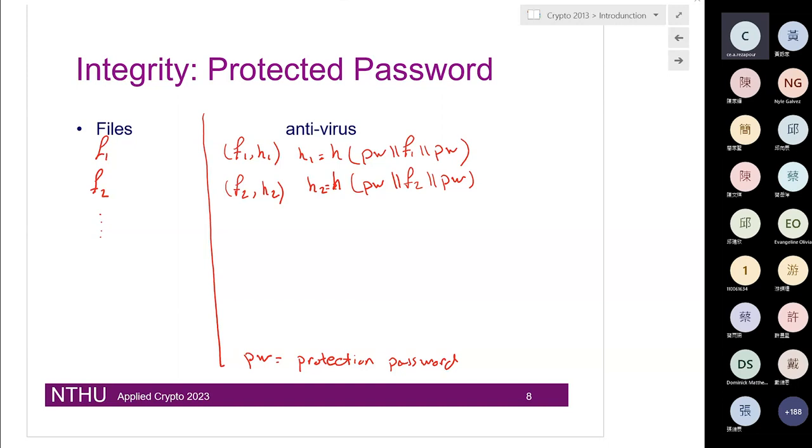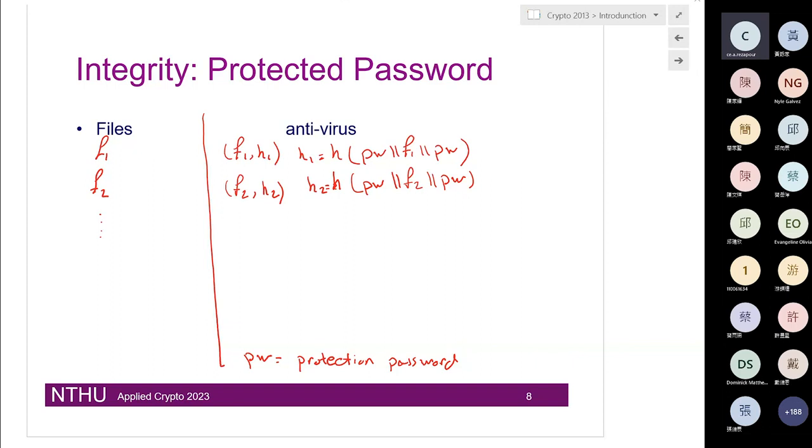But the point is that the moment your system boots up, the antivirus would go through this check, and it would detect that, okay, somebody has changed this file since the last boot. How do they know that? Because your antivirus would go through this list of MACs, and it would be able to understand that.